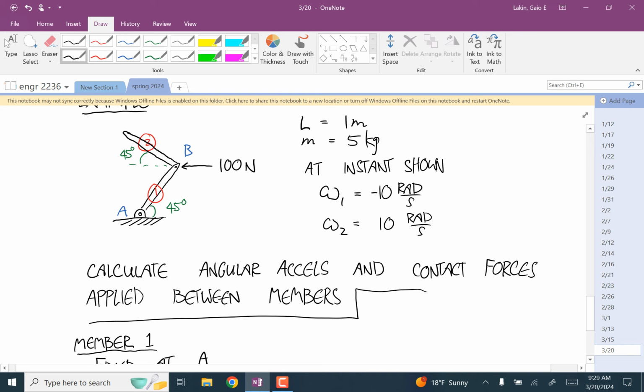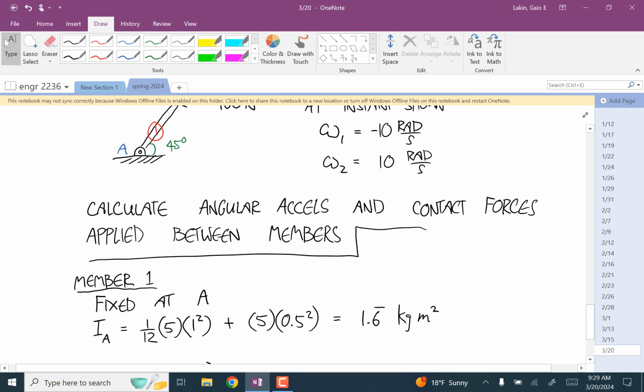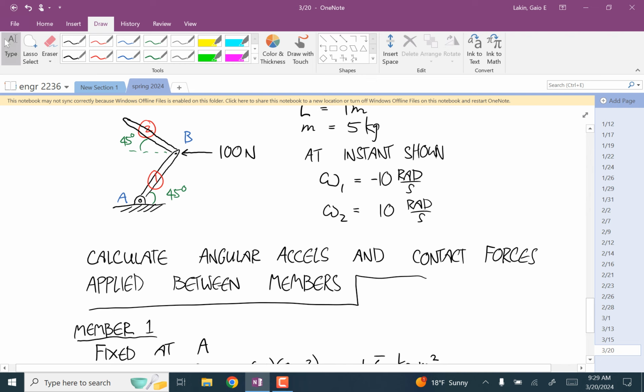But my rule of thumb is I always apply that force to the lowest numbered member at the joint. It's just a bookkeeping thing. You can apply it to the highest numbered member. You can imagine that it's applied down a millimeter and then it's only applied to one of the two members.